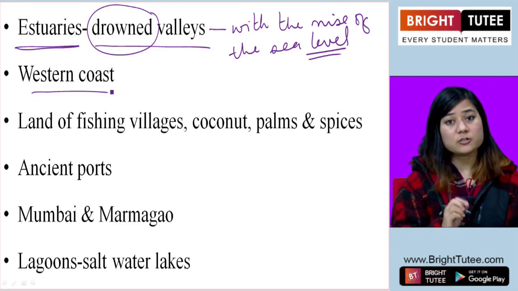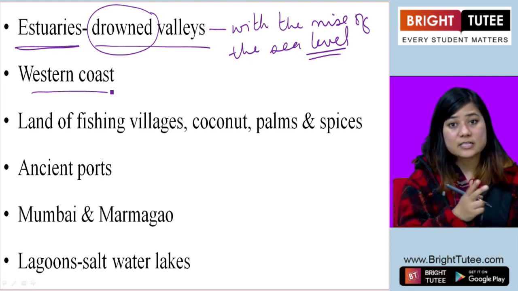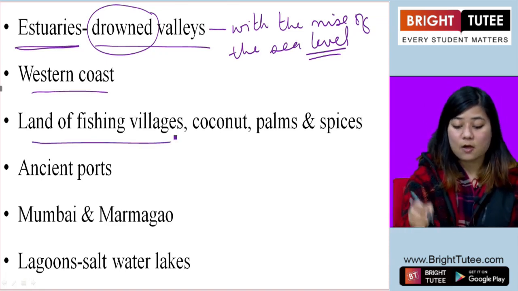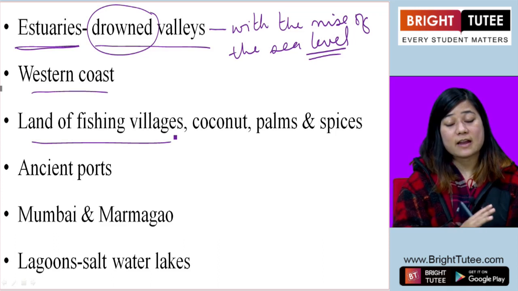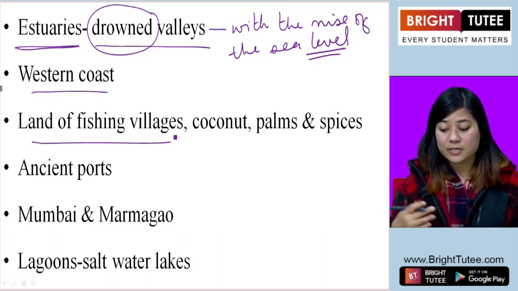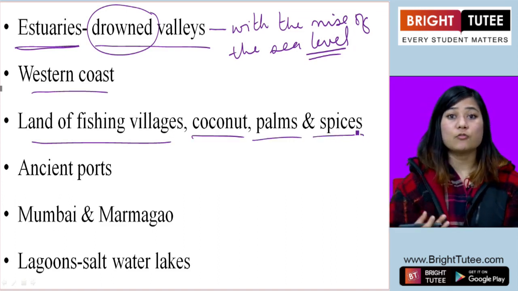Okay, because of this particular feature of the western coastal plain, this western coastal area has a lot of land for fishing. So there are fishing villages, and there are also areas where coconut, palms and spices are grown and found in plenty.